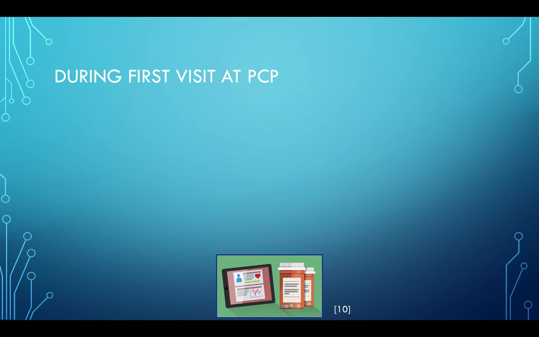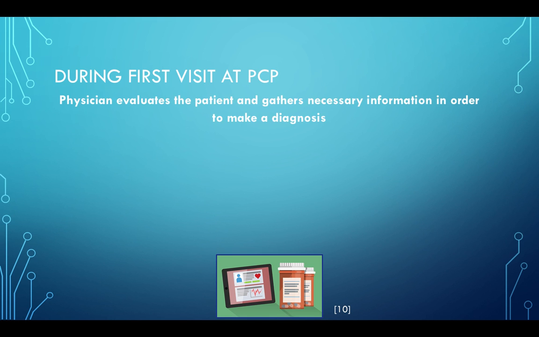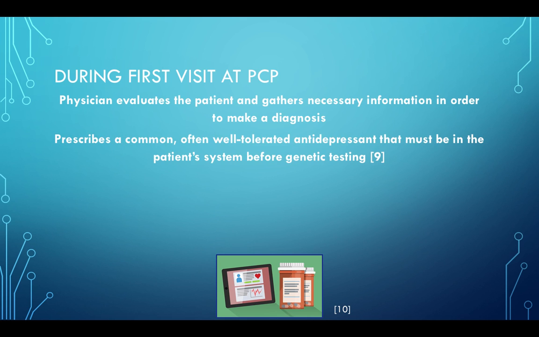During the first visit at the primary care physician, the physician will evaluate the patient and gather necessary information in order to make a diagnosis and prescribe a common, often well-tolerated antidepressant that must be in the patient's system before genetic testing.